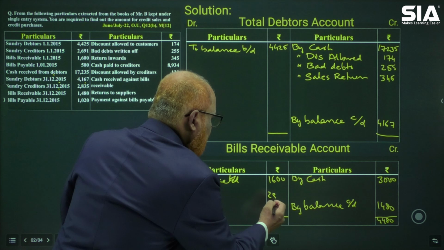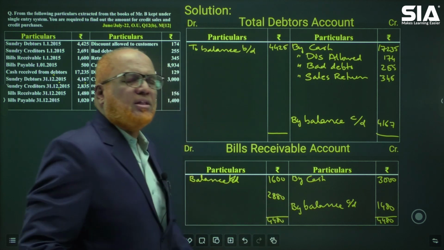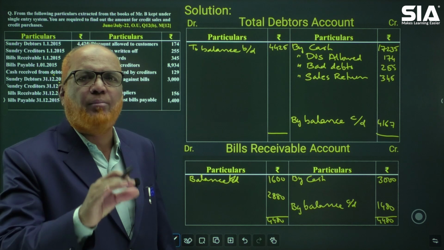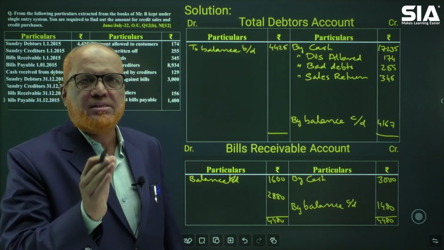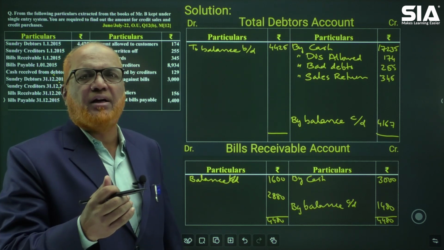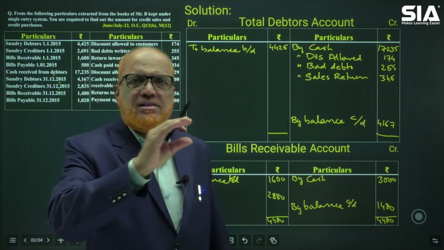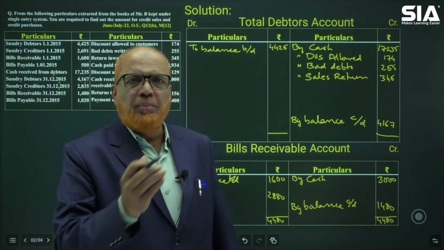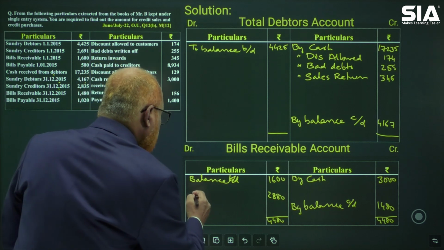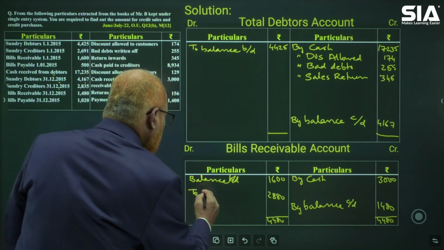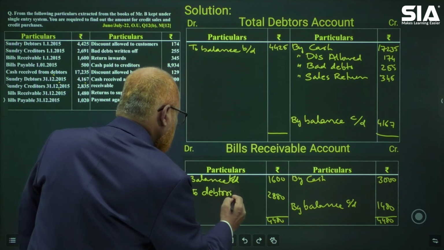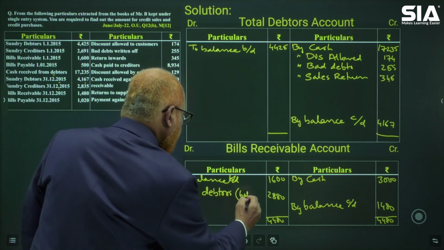This 2880 is what? These are the bills receivable received from debtors. Entry will be bills receivable account debtor to debtors. The bills receivable account debit side to debtors. This is the balancing figure.